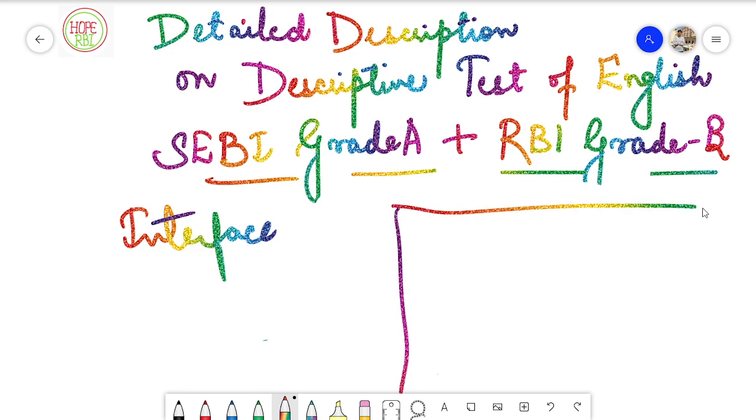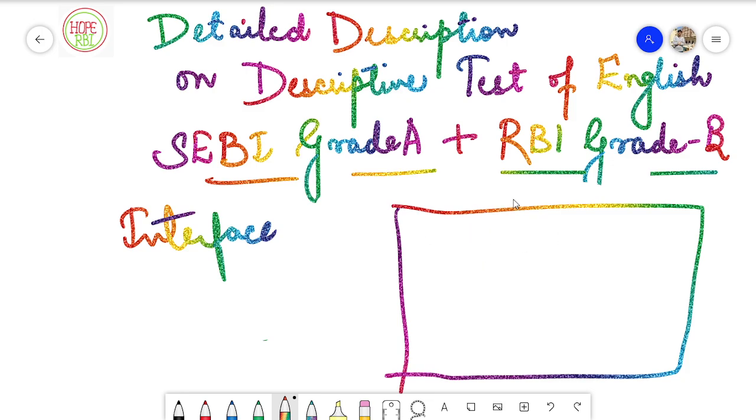There is a rectangle on your screen, and you only have the option to type. You cannot bold anything, underline anything, or italicize anything. You only have to write through the keyboard, and there is no spell check, so you will not see a red line under your spelling mistakes. That is why you need to practice as hard as you can.